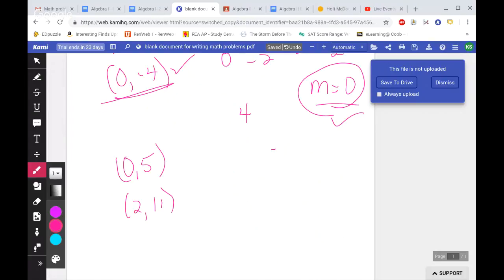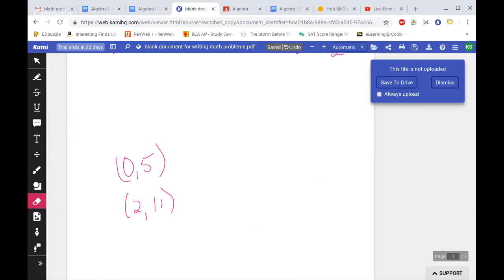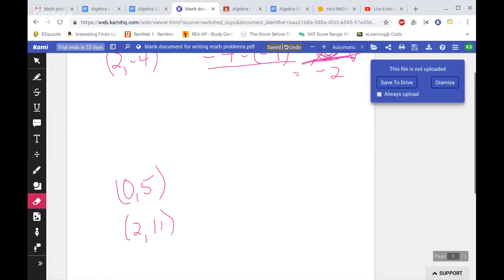Okay, which one of the 2 ordered pairs has a 0 in for the x? The one with the 5. Yes, so 5 is the y-intercept, because the ordered pair that has a 0 in for the x is the y-intercept.